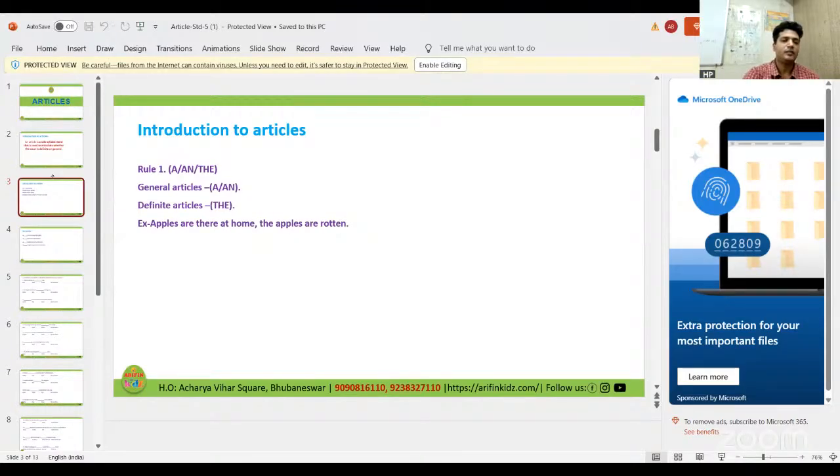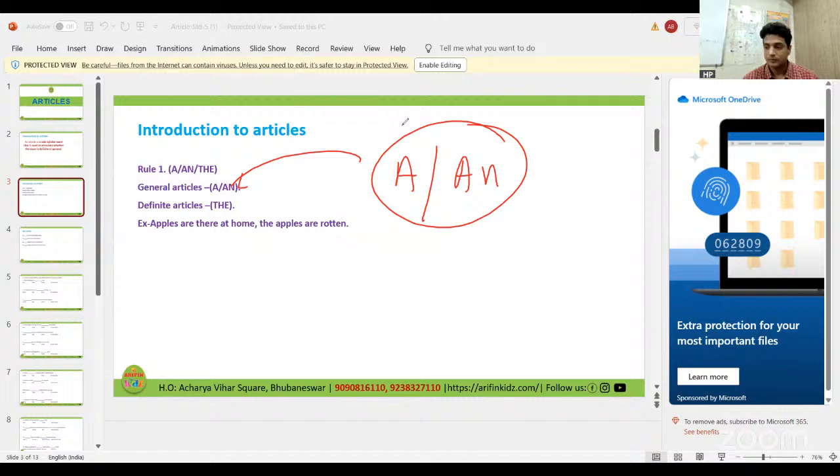Now, if you look at general articles, we have a and an, right? Now, if you look at our definite article, as I just said, we have the as a definite article, right?